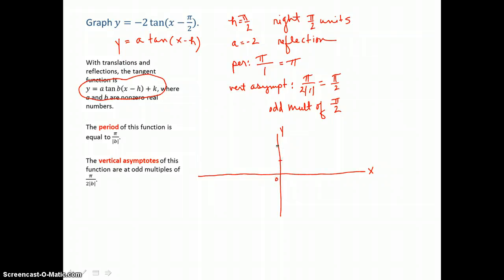And because there's no amplitude, we don't have to worry too much about our labels along the y-axis. They should be there, but we don't have to be too concerned. And our period is pi units, so I'm going to stretch this out along the x-axis.